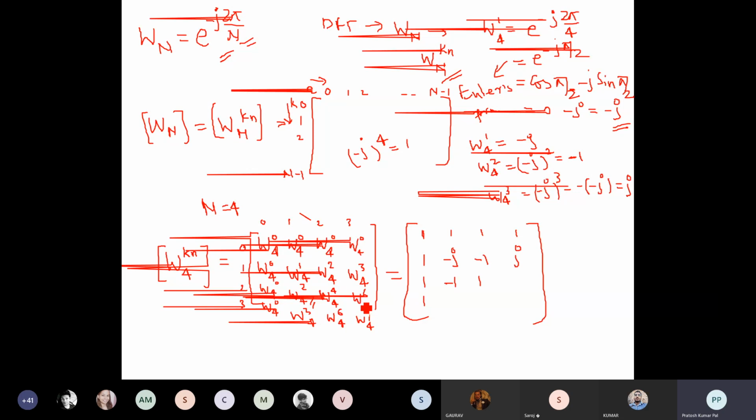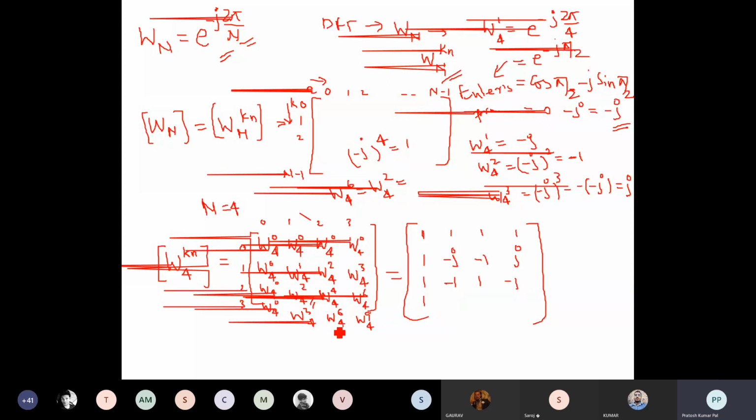Okay, again W4 to the power 6 will be equal to W4 to the power 2, क्योंकि W4 की पावर जितनी भी होगी उससे 6 है तो 4 माइनस कर देंगे, दैट विल बी 2. सेम आएगा, आप देख लेना, ठीक है. So W4 to the power 2 is equal to -1, so it will be -1.